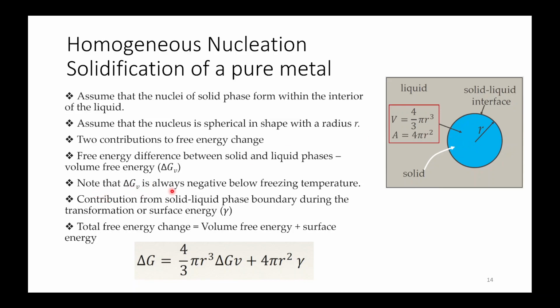Here delta GV is always negative below freezing temperature, and there is the contribution from the solid liquid phase boundary, the surface energy gamma. The total free energy change will be volume free energy plus surface energy. In this case delta GV is per unit volume, so you have to multiply by the volume of the sphere, and the surface energy is per unit surface area, so you have to multiply it with the surface area.